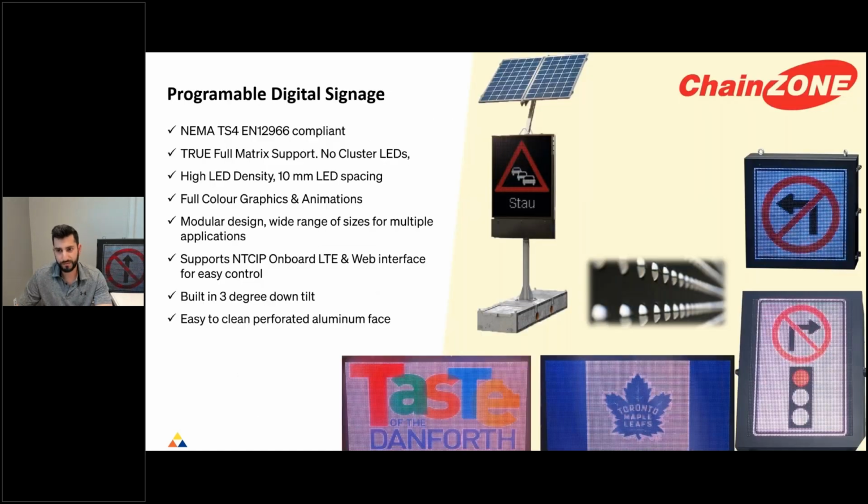And as I said previously, programmable digital signage, when it entered the market, was slightly cost prohibitive, but now it's gone to the point where the 2 options are nearly identical in cost.